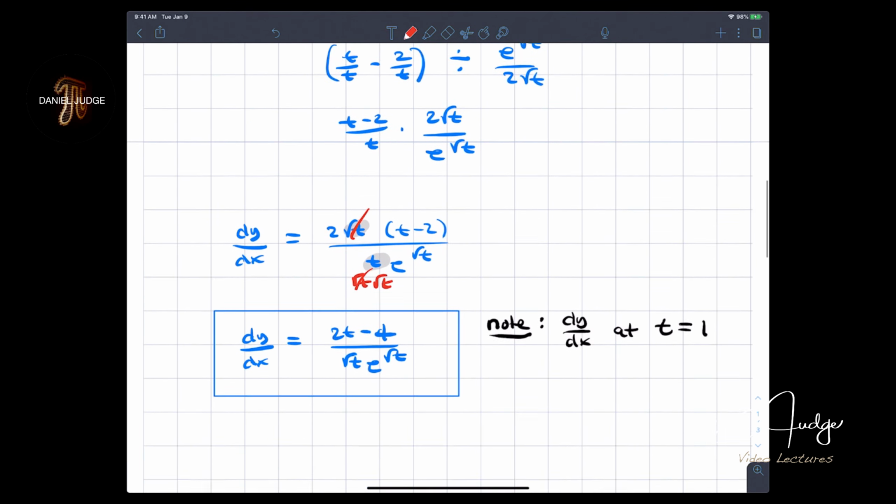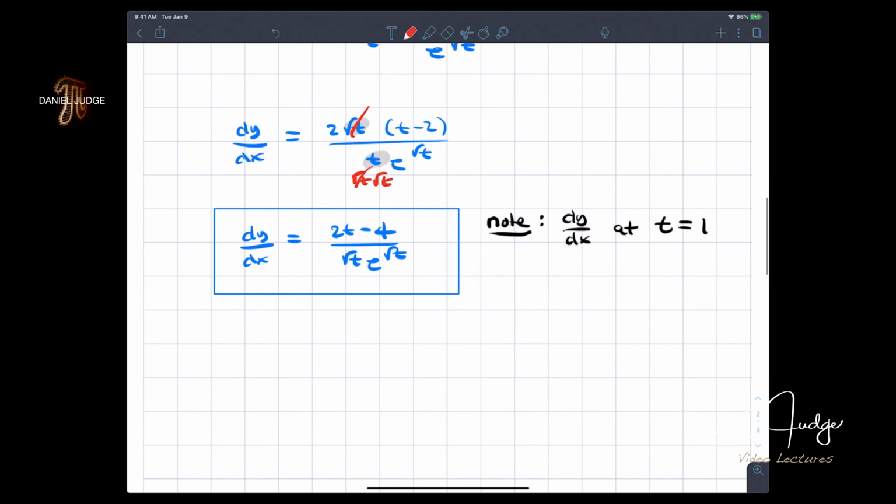So I say, okay, fine. We know the location, e comma 1, and I'm going to put that word here. Location. But how do you find the derivative, dy dx, for a value of t? Very simple. Plug in t. T is 1.